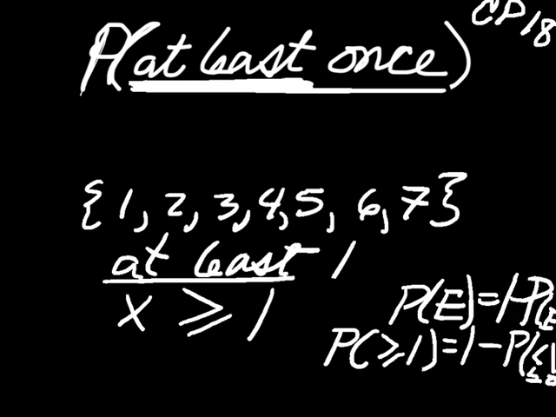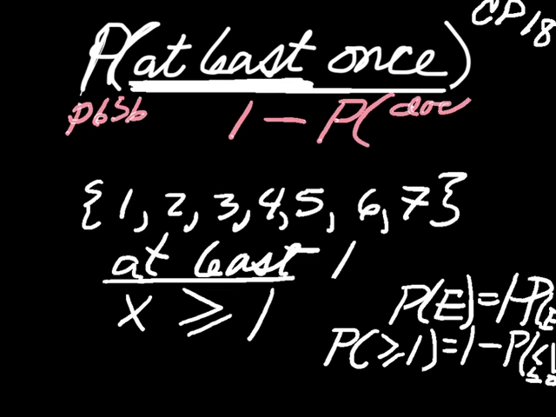And that leads us then to the formula in the textbook, which in your textbook is approximately on page 656. So you can look that up on that page. But the formula is the probability of an event happening at least once is 1 minus the probability that the event does not happen.